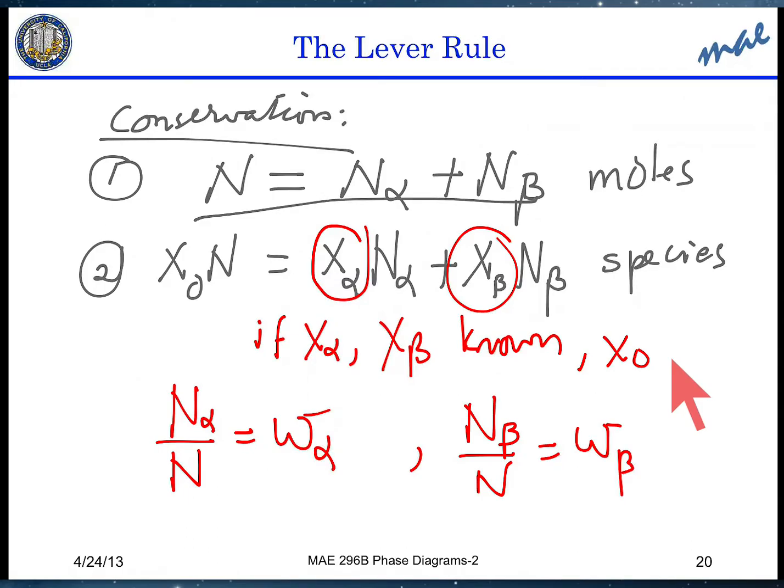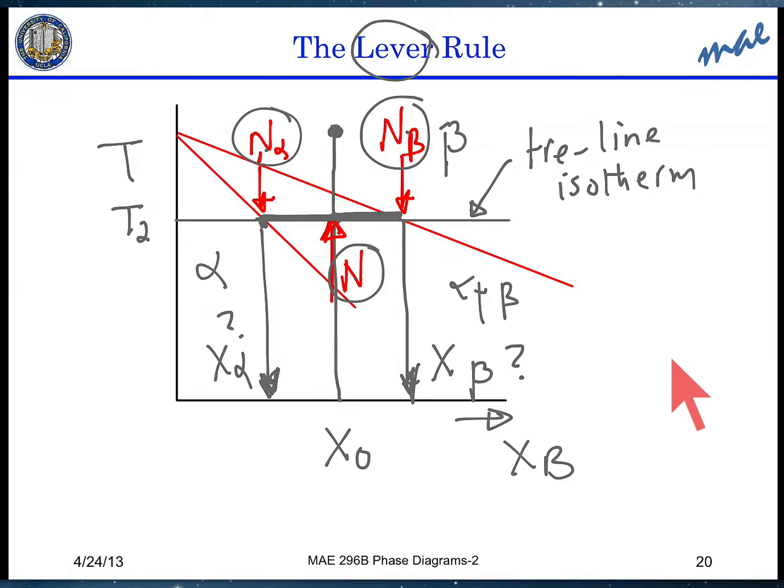And then if you think about it, if the zero is right here, then N multiplied by this distance, which is x0, is equal to N alpha multiplied by this distance, which is x alpha, plus N beta multiplied by this distance, which is x beta.